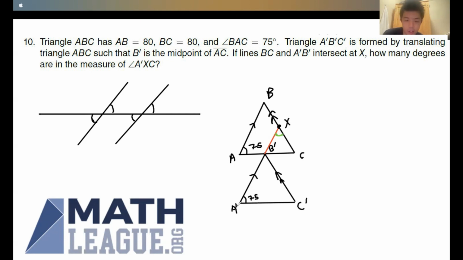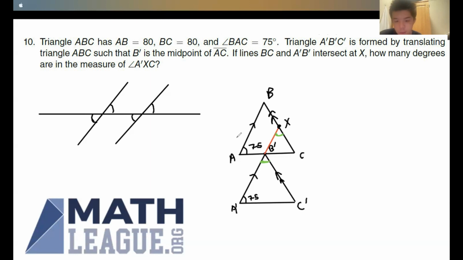Because this green angle right here, if you look at line A prime X, this green angle is formed by that line and BC, but BC is parallel to B prime C prime, and therefore we have the same transversal over here. And because of that, this angle is the same as this angle.